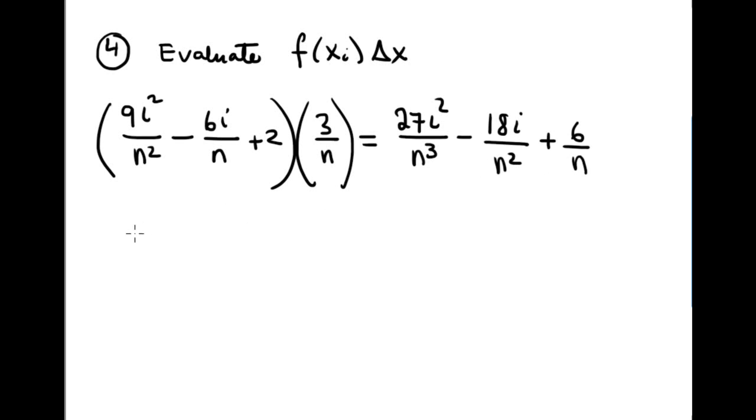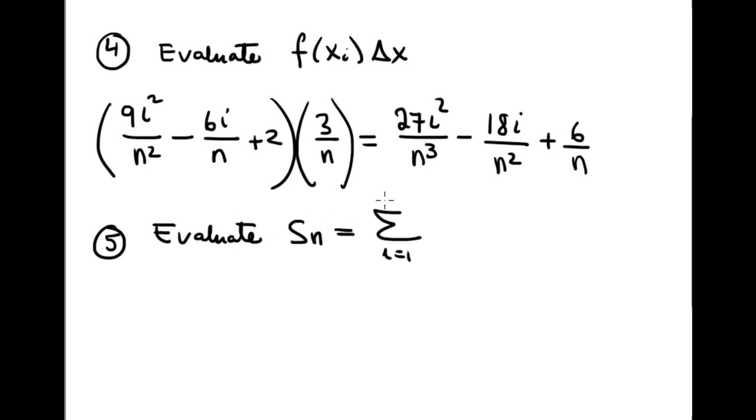And number 5 is evaluate S sub n, which is the summation from 1 to n of f of x sub i delta x. In other words, S sub n is equal to the summation of this expression.